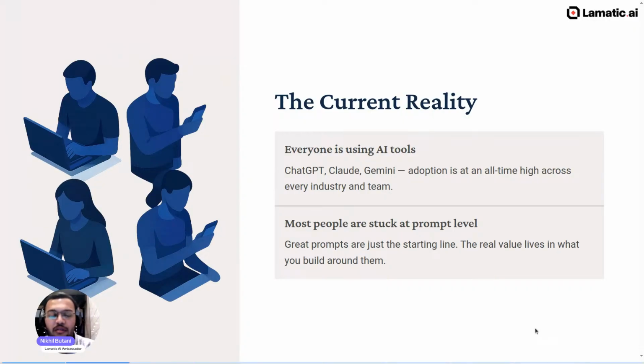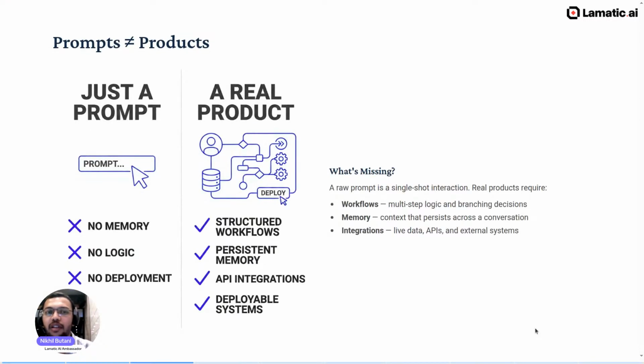So basically most people are stuck at the prompt level. I am thinking I am writing the best prompt, right? But it's just a starting point. The real value is in what you actually build and what output you get. So today our topic is how, if we can write a prompt, it can become a real product.